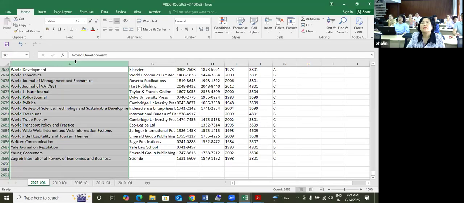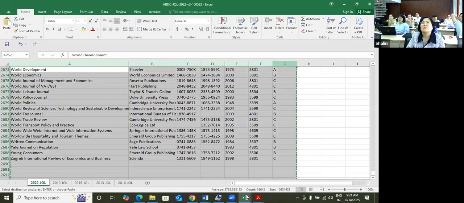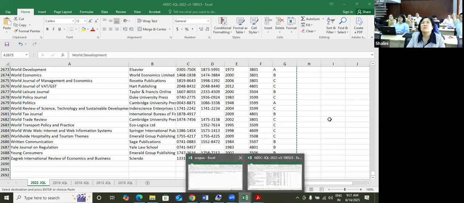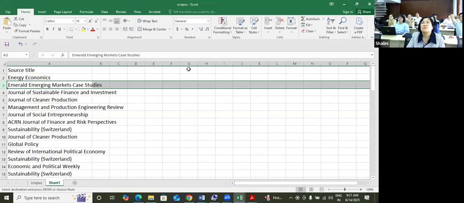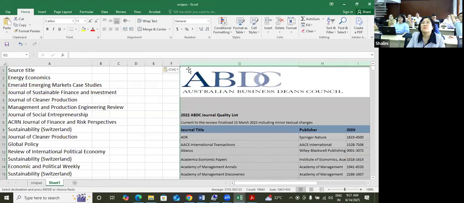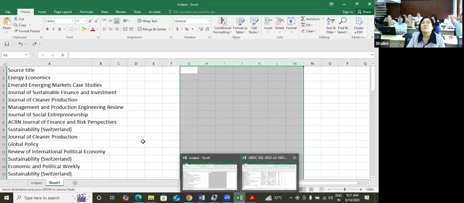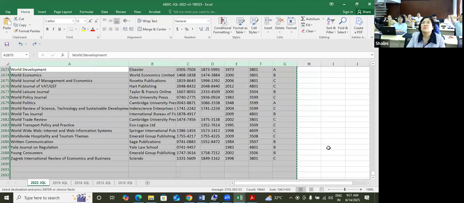Let me copy this from here and put it over here. The question is how we can match the Scopus list with the ABDC list. Just give me a minute.